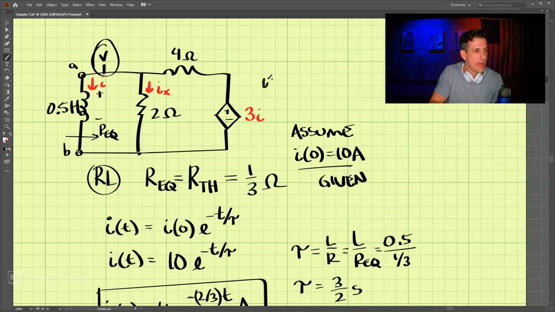But we know Ix is going to be equal to this voltage V divided by 2 ohms.